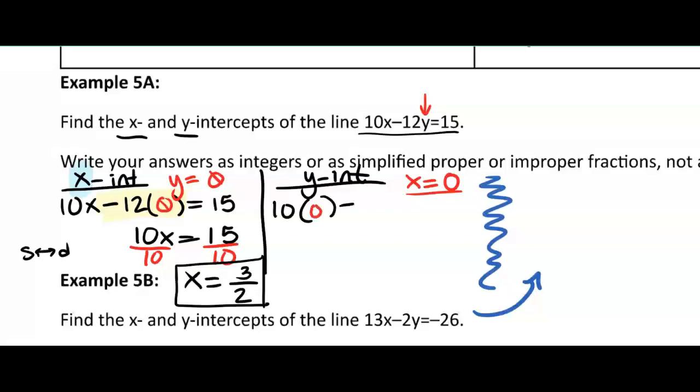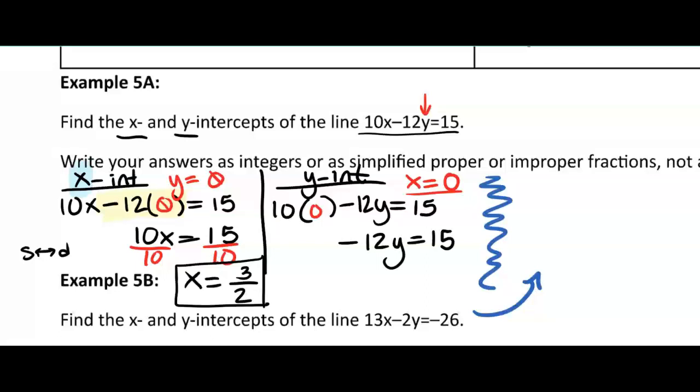That was a very good question. This time we have 10 times 0. Substitution property of equality, that is 0, goes away, and I'm left with my negative 12y equals 15.